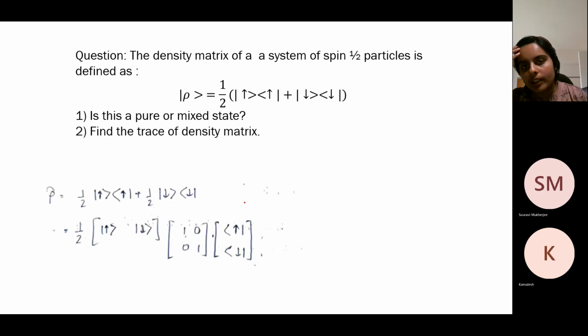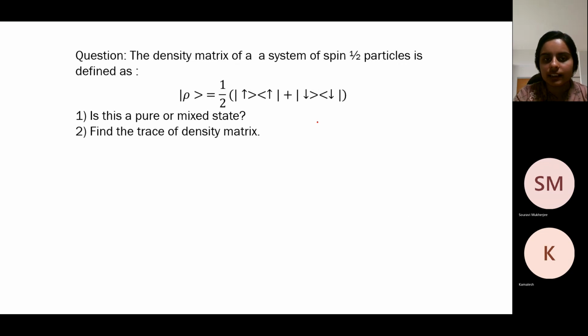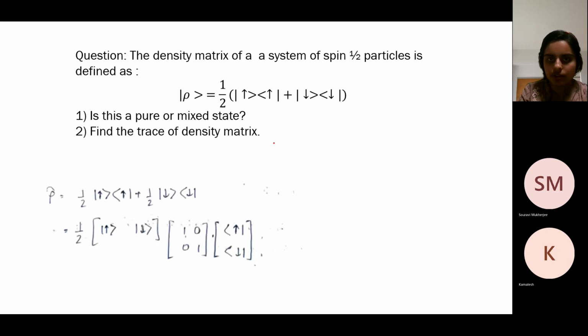Now, what happened in the last case was that when you diagonalize this term, you will get only one non-zero term and all others will be 0, because then the probability of being in this state is 100%. That is what happens for a pure state. And in a mixed state, you can have all possible combinations. So here in this question, you only have up-up and down-down.